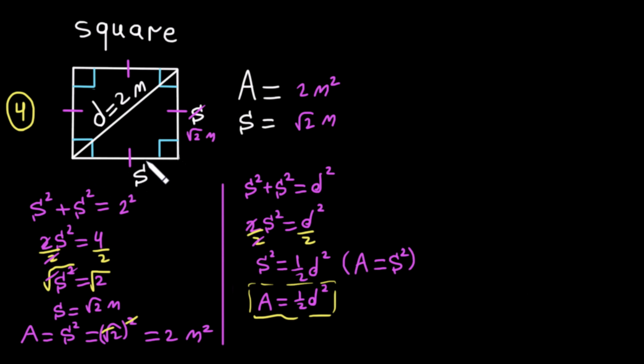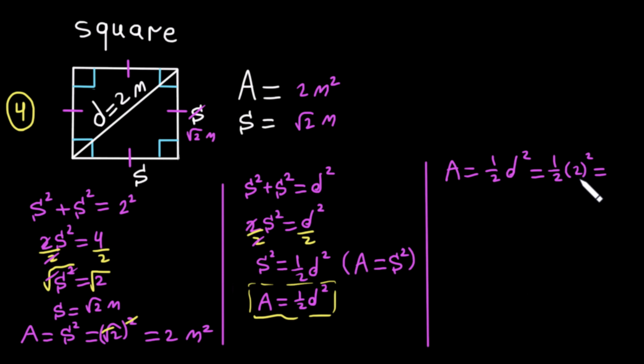So if you have an example like this, you can write the answer immediately. If we want to find the area of this square given the diagonal, we can write this formula, which is half d squared, equals half, d equals 2, so 2 squared.